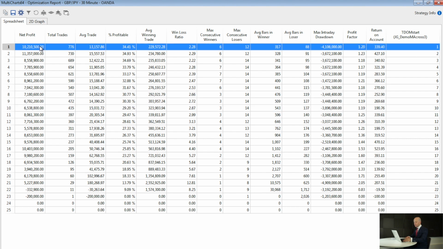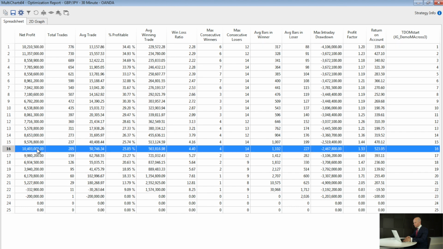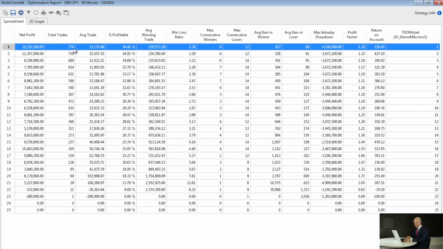Now, looking at this, currently we've got this 10.2 million, and looking through the results here, the best one is around about trading day 16. However, look at the amount of trades. We've only got 205 trades because we're really filtering them out compared to the 776.